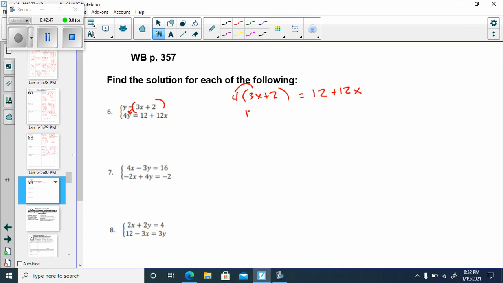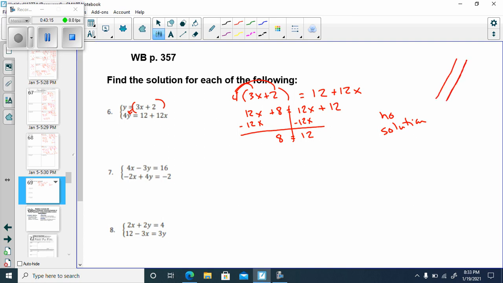Distributive property, 12x plus 8 equals, and I'm going to just rearrange these, 12x plus 12. Look at that. Is there anything that would make that work? No, there's not. And in fact, I'm going to show you a little farther. Let's subtract 12x from both sides. 8 is equal to 12. There is no solution. If it says no solution, what we're talking about is a pair of parallel lines. Okay?